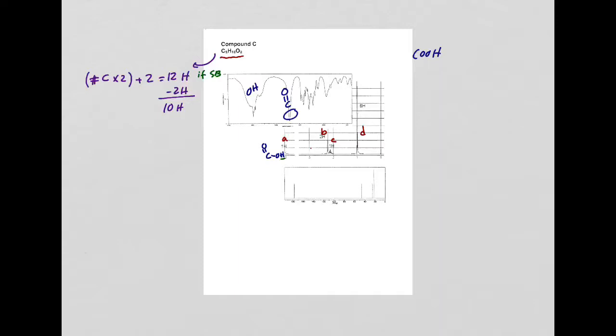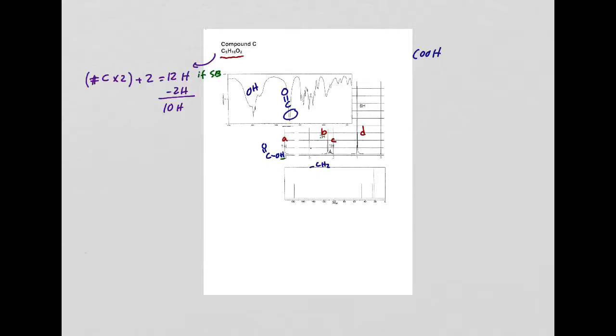Let's look at this one over here. It's about 2.2, and it's a CH2. Now, what can you tell me about that? You have a CH2 and it's about 2.2. So it's probably attached to a carbonyl, right? That's a good guess.